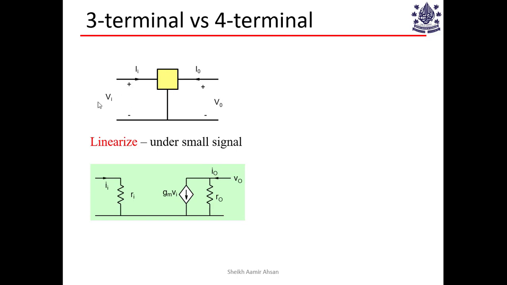So these are capital symbols here: Vi, I naught and V naught. They represent the quiescent bias condition, that is the fixed condition in which this network is operating. And these small symbols, i naught, v naught, and vi, represent the small signal perturbation that is added to these quantities.